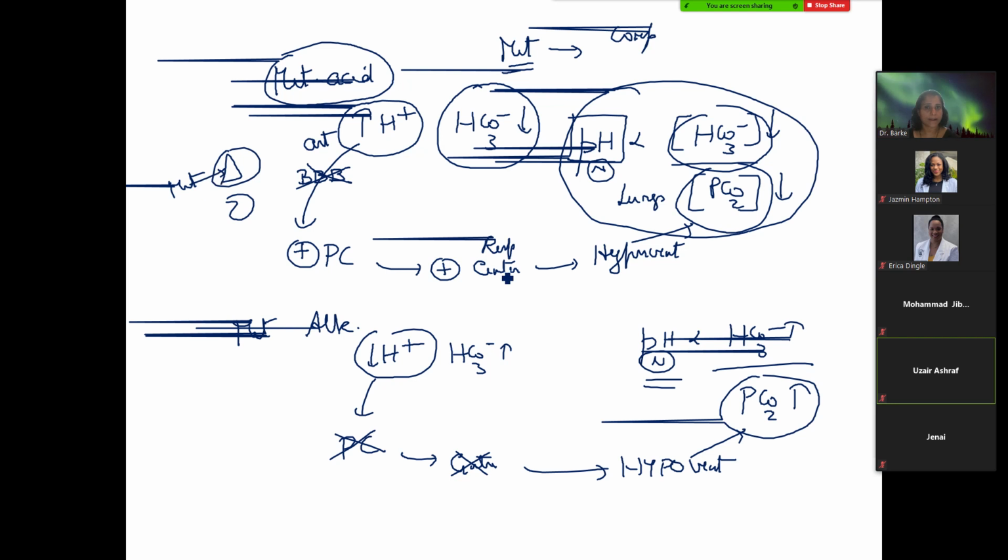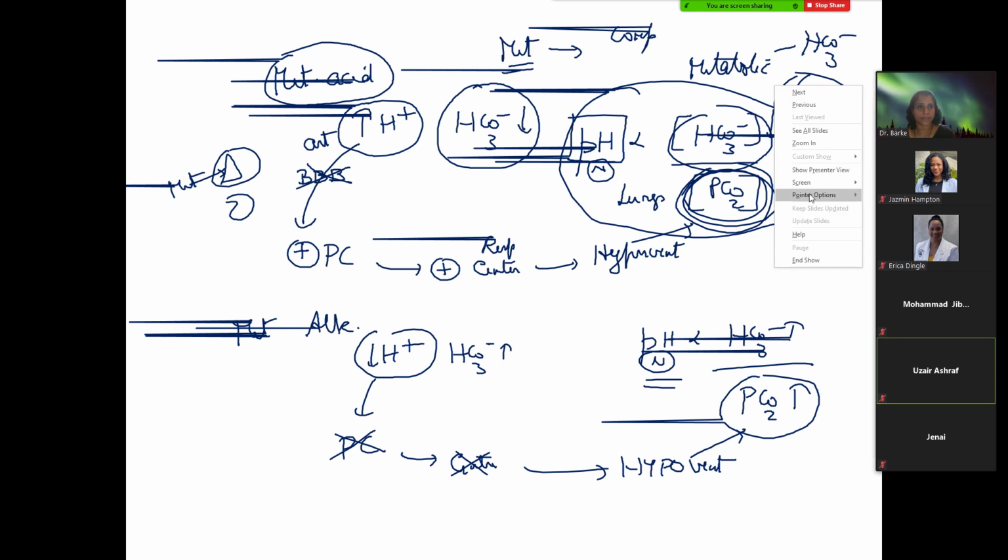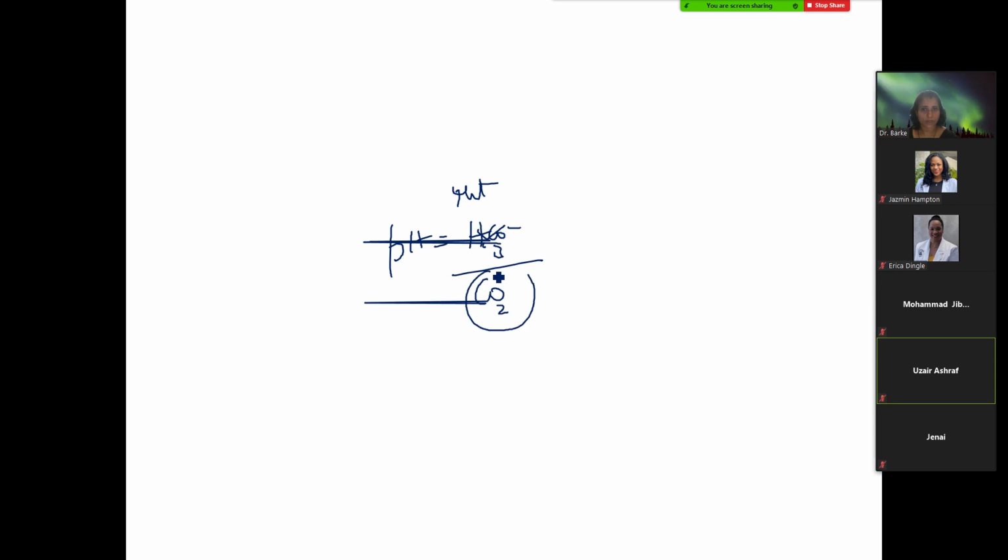So if you identify the disease to be metabolic, to comment on compensation you look at the CO2 value in the Henderson equation. Is CO2 40, or has it changed? If CO2 is 40, compensation has not yet happened. If it has changed, then it has started compensating. Metabolic, both lungs and kidney can work, but to comment on compensation, only the CO2 value, because the lungs compensate first.